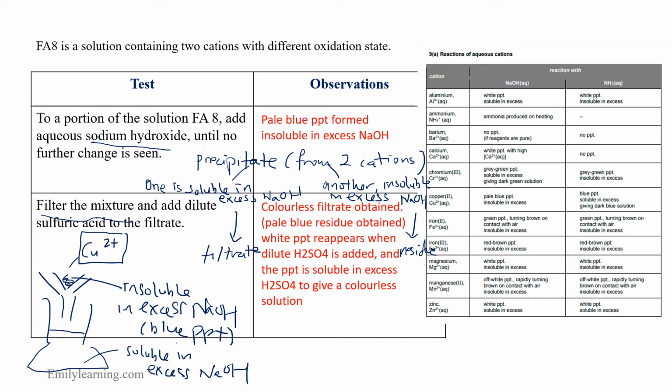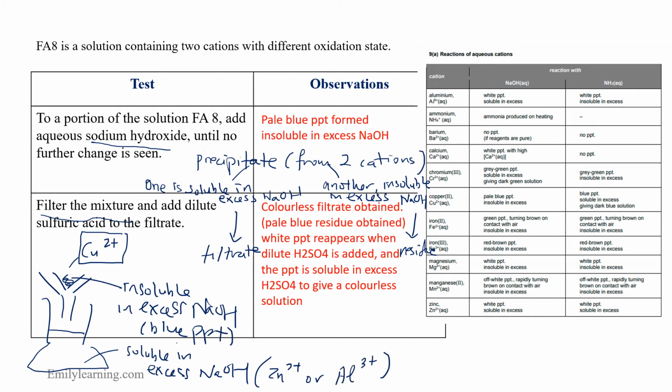Look back at your QA table for cations for the cation that will produce a white precipitate that is soluble in excess NaOH to give a colorless solution. I know that I have two possibilities: one is Al3+ and the other is Zn2+. So now I know that I have either Al3+ or Zn2+.